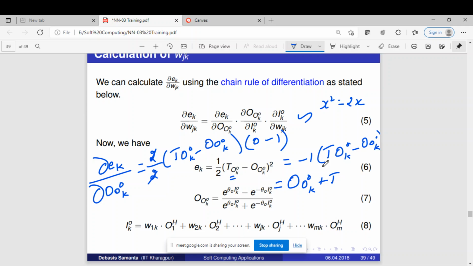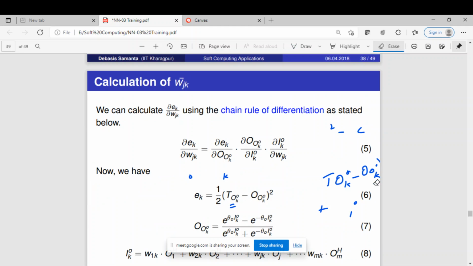Like this, every part we should simplify. Next we have to simplify this part: dou O_k, differentiating dou O_k with respect to dou I_k. But for that we should know what is the output.